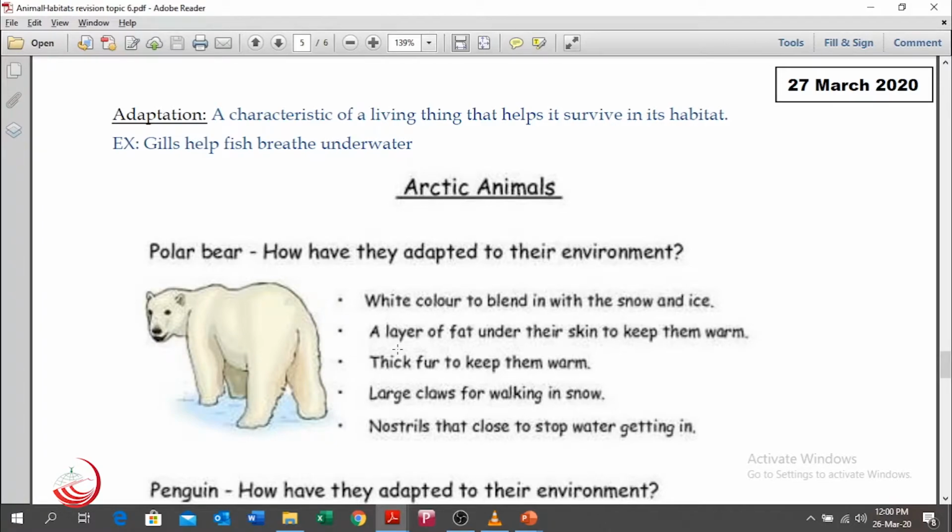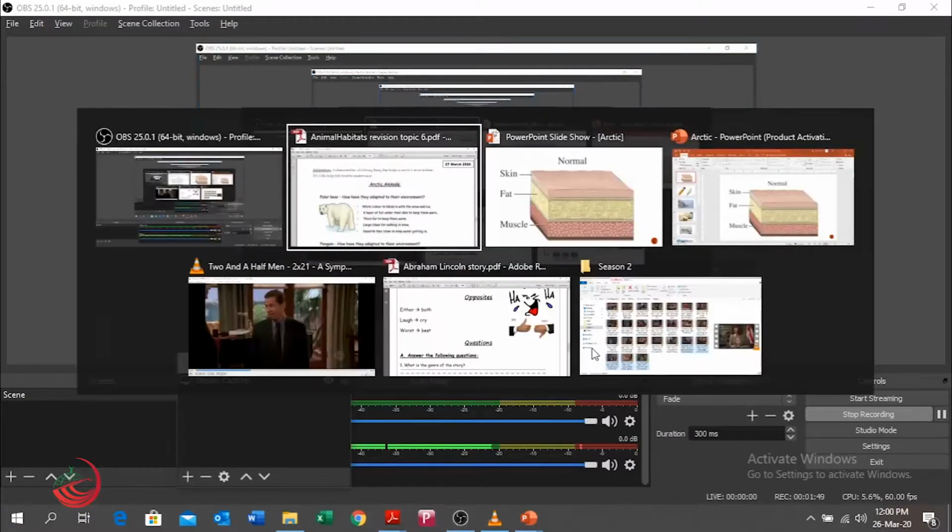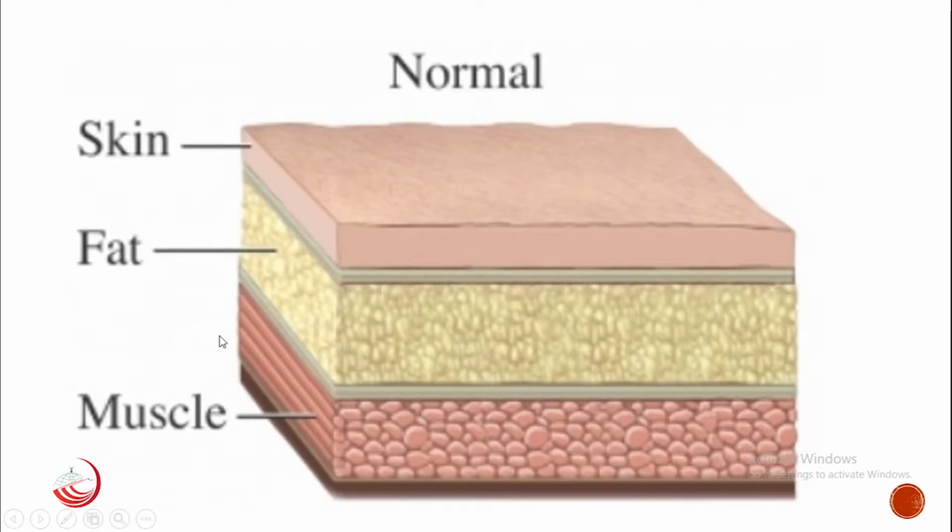They have a layer of fat under their skin to keep them warm. You know what skin is? All of us, we have skin, like the skin of your body. I'm gonna show you a picture here. This is the skin, the top layer.